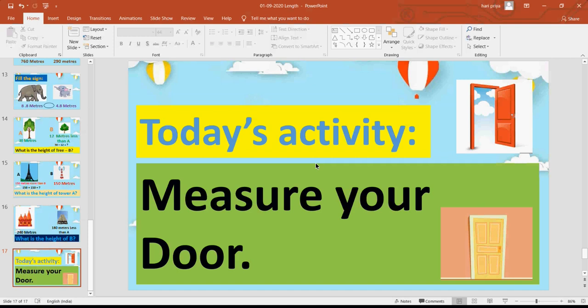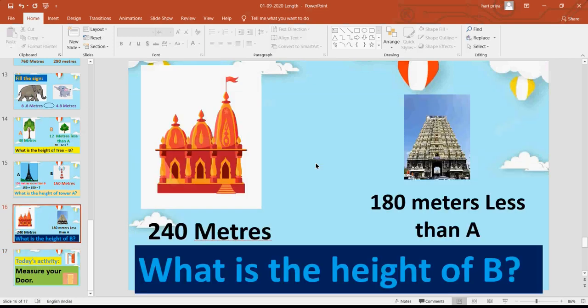This answer will be discussed tomorrow. As you measured the table, like that you are going to measure the door also. Simple. So try to solve this sum. Meantime, I will finish off my attendance also.